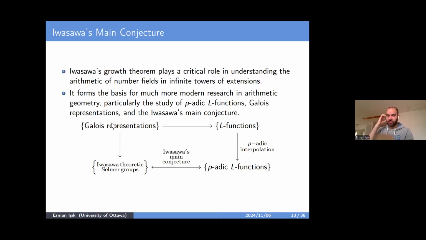And the moment you are able to attach a Galois representation, you can go two ways. Either you go in the analytic direction and define an L-function, which is a complex function. Or you can go in the cohomological direction and define Iwasawa-theoretic Selmer groups. And these Selmer groups are Iwasawa modules. Therefore, you can define a characteristic ideal over them.